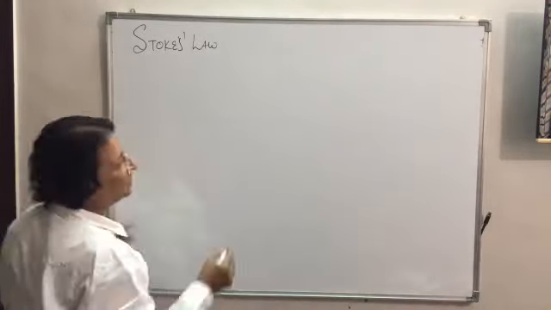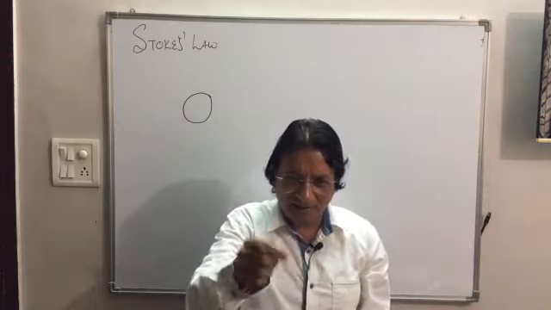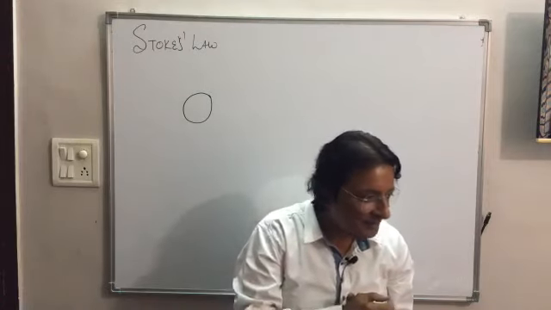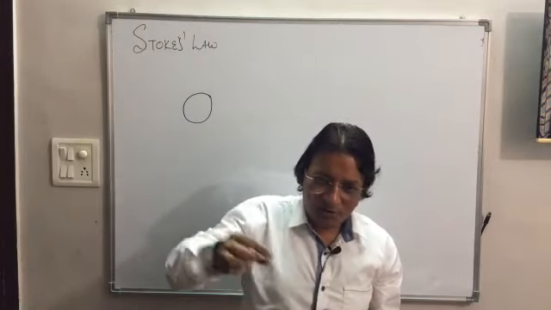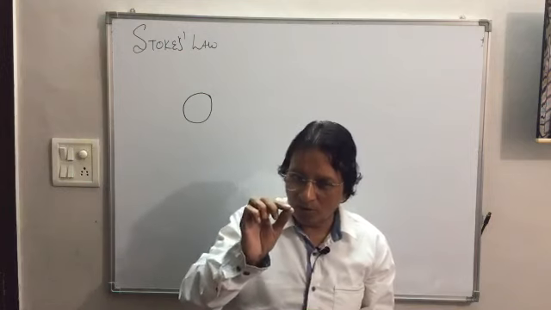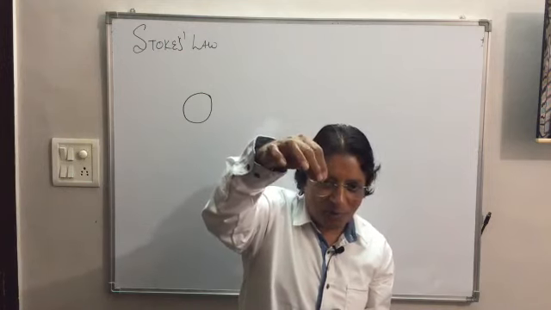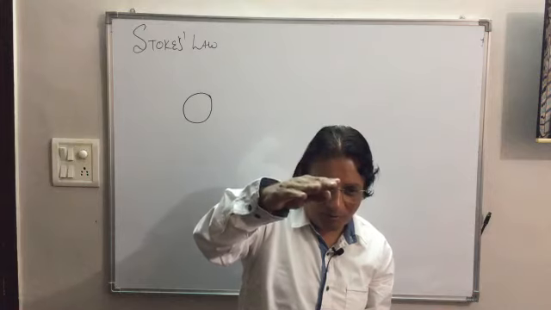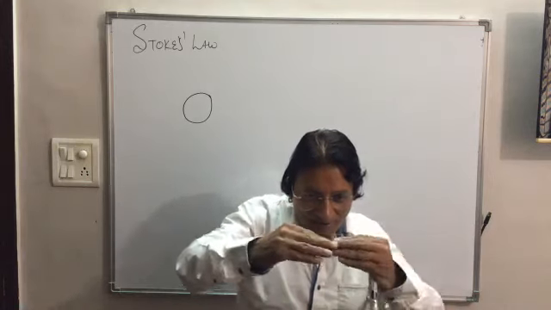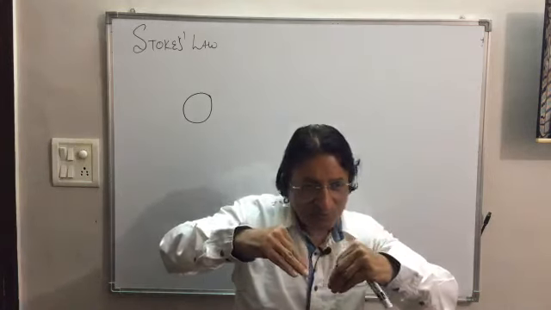Just imagine there is a long glass cylinder with glycerine inside it. You have a spherical ball. You drop the ball. When you drop it, the ball will fall, but the layers will also have a relative motion.